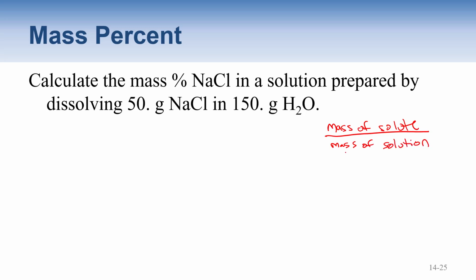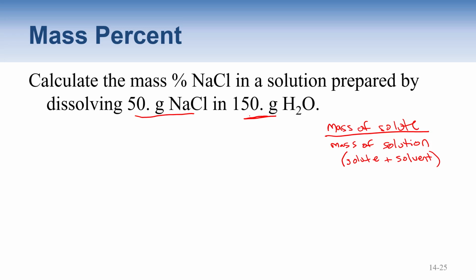But the solution is actually the solute plus solvent. So when we put this into our equation, this is the solute and this is the solvent, because this is more than that.